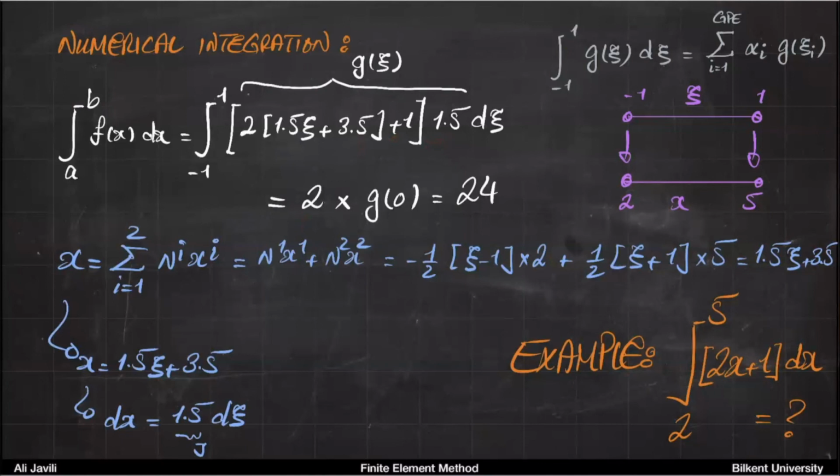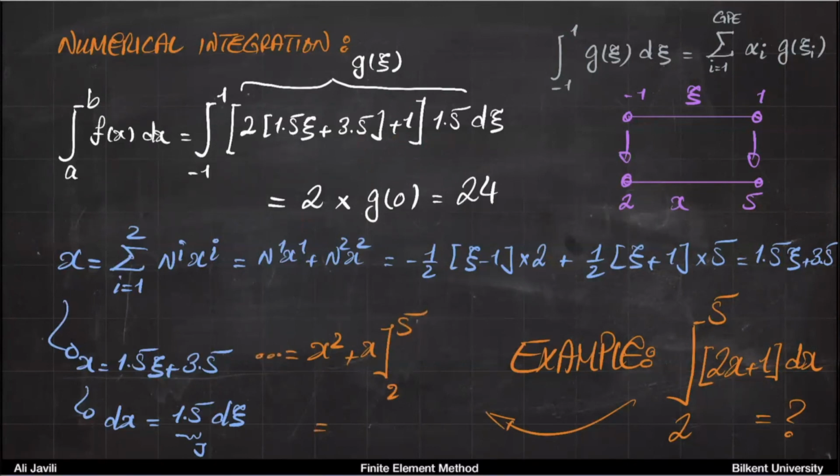Now, again, because it was a nice, simple example, you could have done the integration accurately. It would have been x squared plus x from 2 to 5, right? You could have done this analytically.